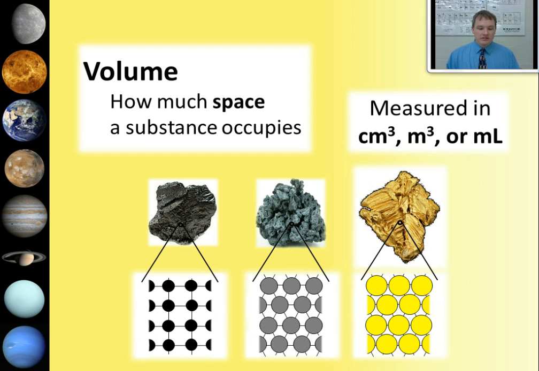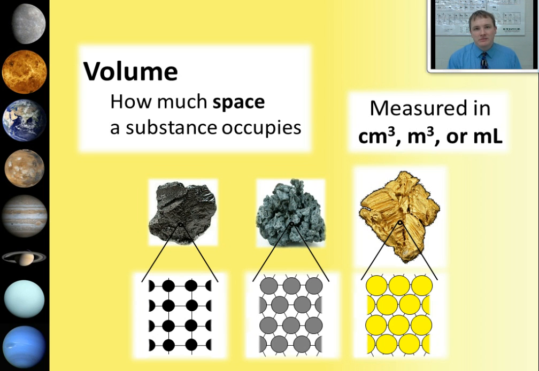Lead's atoms are much more packed together. So the atoms themselves take up space, but they also push on the other atoms a certain amount, so there's space in between them. Lead's atoms are huge, and there's not a whole lot of space between them, so they pack together really well. Lead's atoms don't really take up all that much volume.